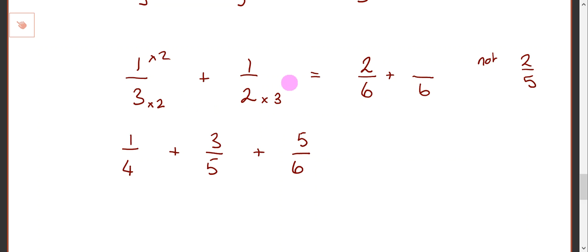But if I've got 6 now, 1 from 2 means I've now got how many from 6? 3. So I also multiply by 3. Are you all happy that both of these fractions are the same as they were, just using different numbers? Can I now add them together? Yeah, good. So it's 5/6. Well done. That's the answer.